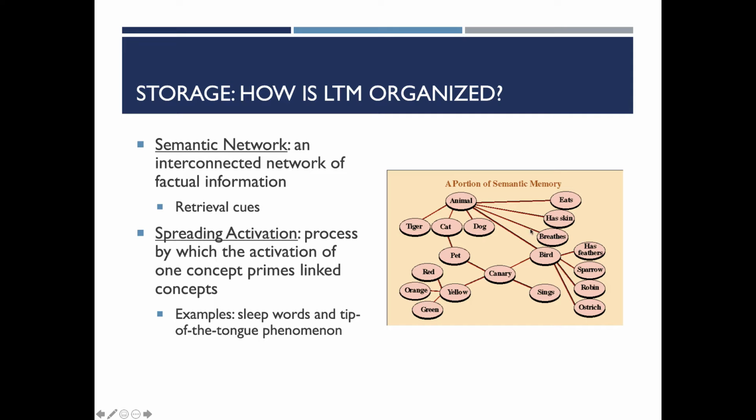And the further away you are from the concept of animal, so green is pretty far away from animal, when you think of animal, not much activation spreads to green, but a lot spreads to tiger, let's say. So spreading activation is this process by which activation of one concept primes concepts that are linked to it in this interconnected network of facts.